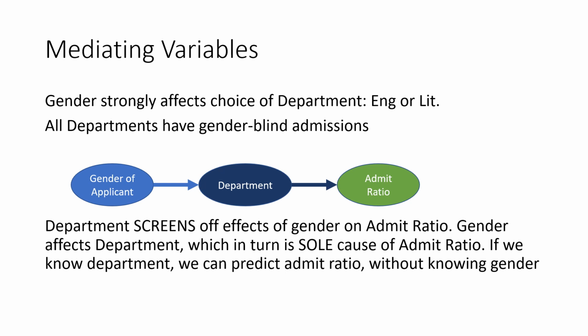This is a technical term because once we know the department, we don't need to know the gender, because the departments have a gender-blind admission policy, and the choice of the department will determine the admit ratio. So the gender affects the admit ratio only through the choice of the department, and so this is called a perfect mediator. We will look at cases of imperfect mediation in the next lecture.